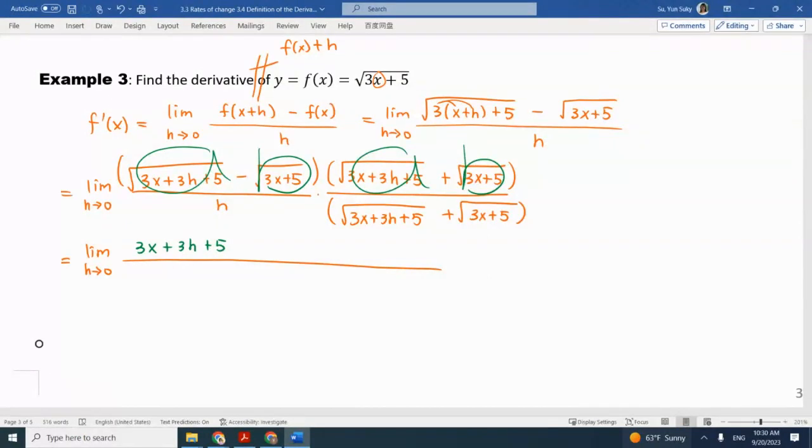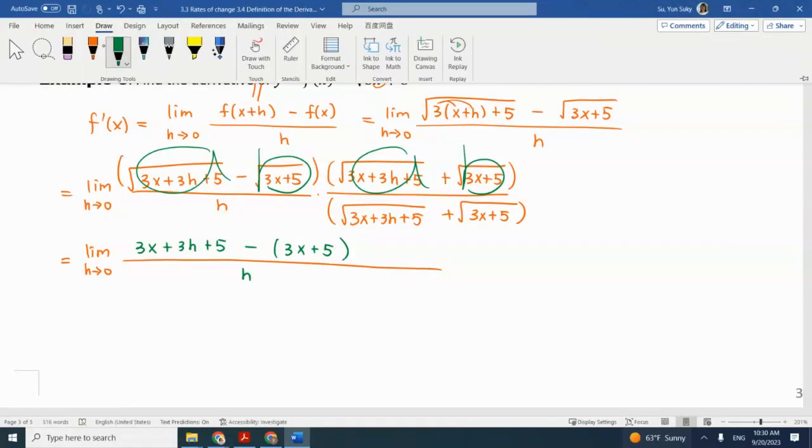Is that okay, everybody? You cancel the square roots. Minus b squared. Don't forget the parentheses. What's b squared? Yeah, 3x plus 5, all over h.